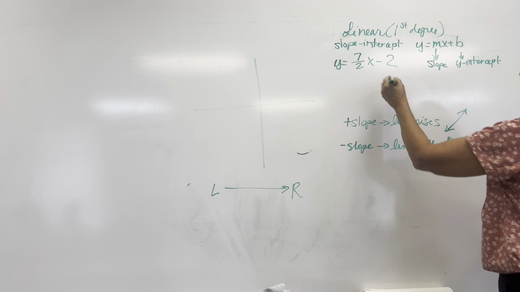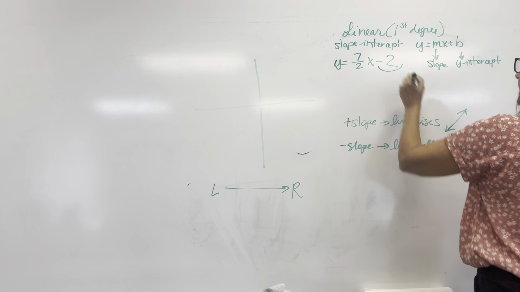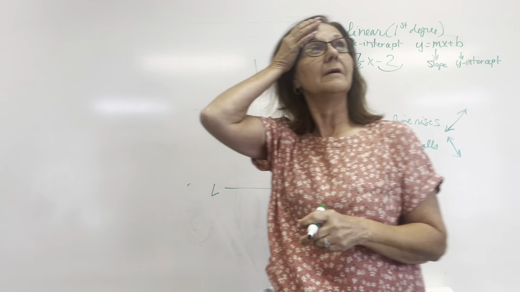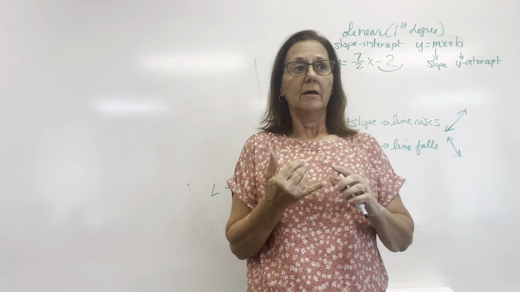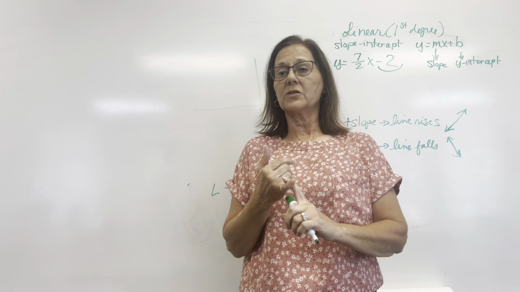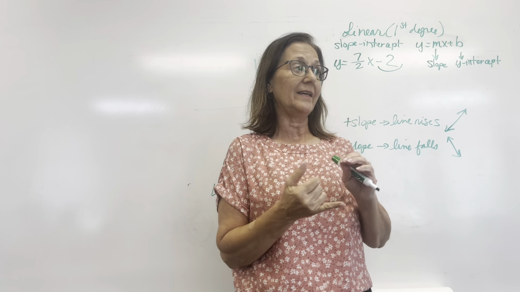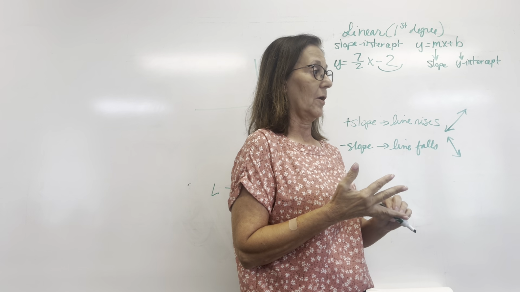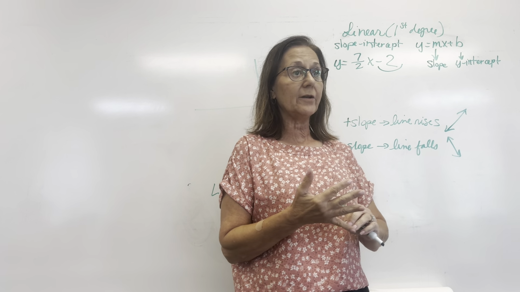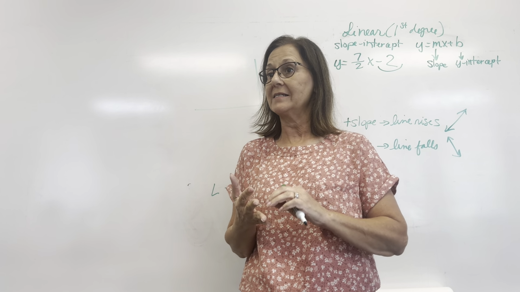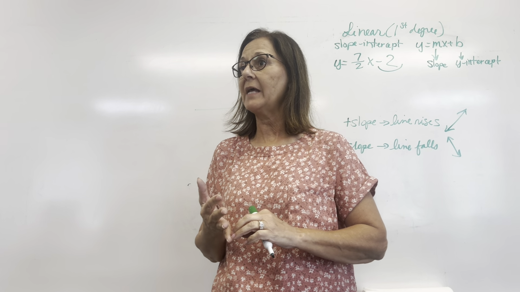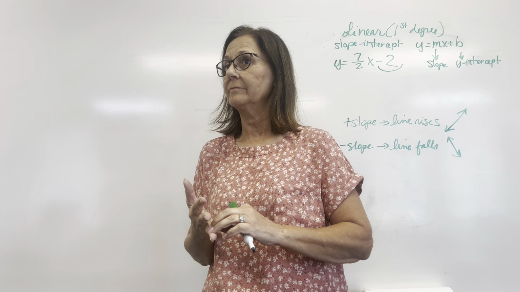All right, so we begin by graphing the y-intercept. This is an important concept. I said it earlier. The y-intercept is where the graph crosses the y-axis and the value of x is 0. So at the y-intercept, the value of x is 0. Got it? Y-intercept, x equals 0.